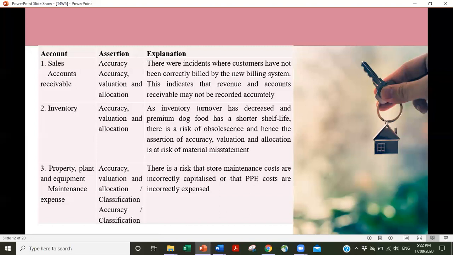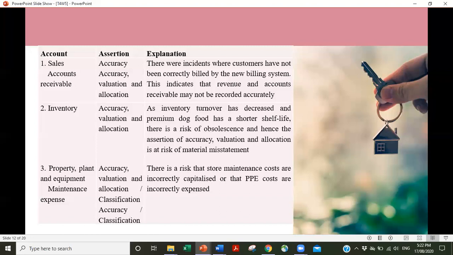what you're looking at there is, in sales, if you go back to page 141, your accuracy. So it says that some of the sales are not, you're actually not having correct billing. So if there's not correct billing, it means that your revenue accounts or your sales are not necessarily accurate.